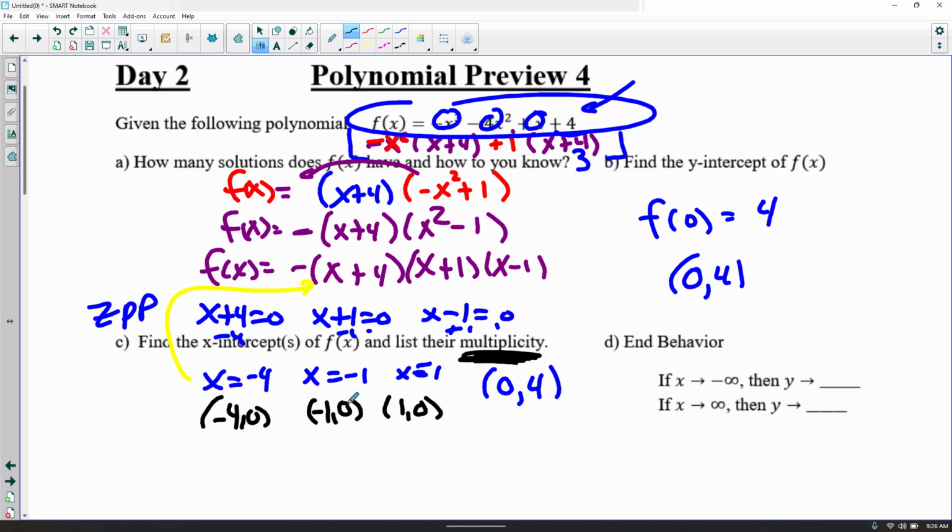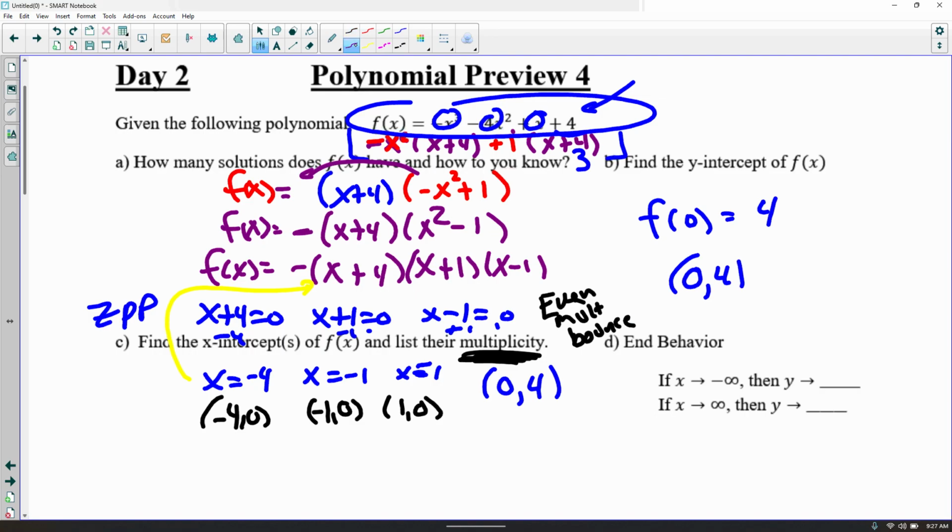No multiplicities. What do multiplicities do? If you have an even multiplicity, then it will bounce. All right. If it's odd, it passes through. Okay. So in this case here, there are no multiplicities, so it's going to go through it.